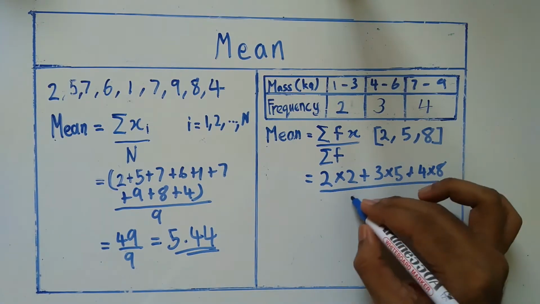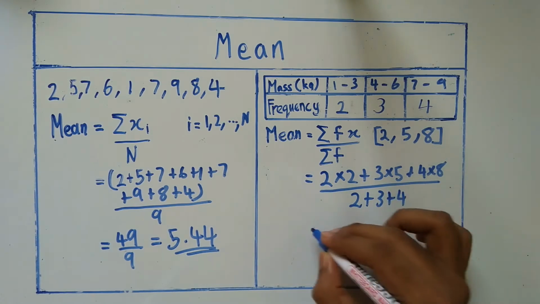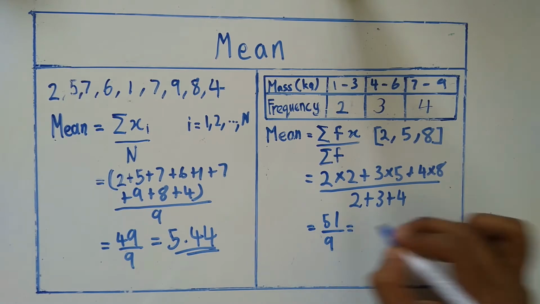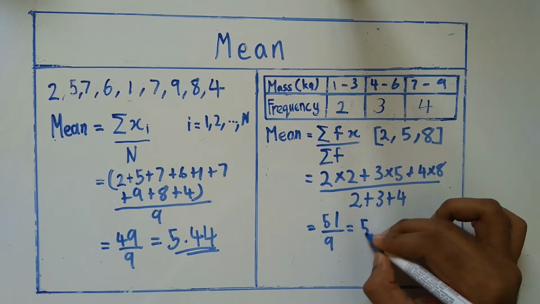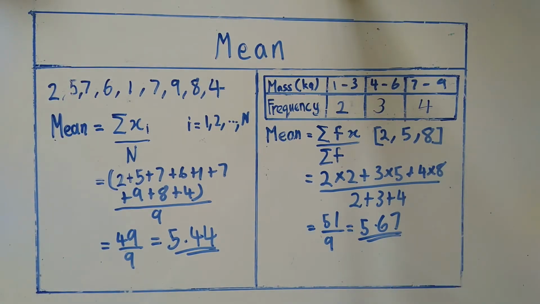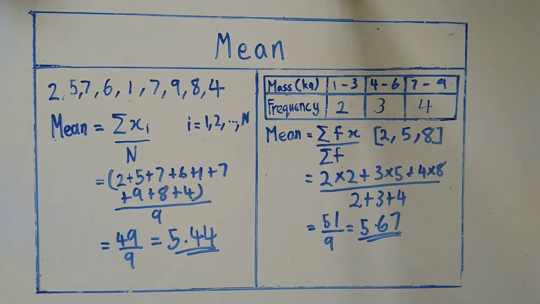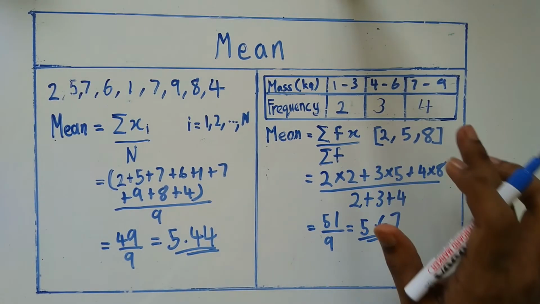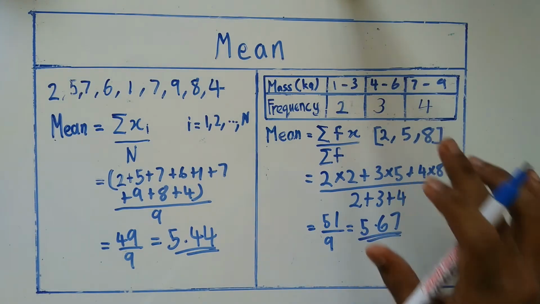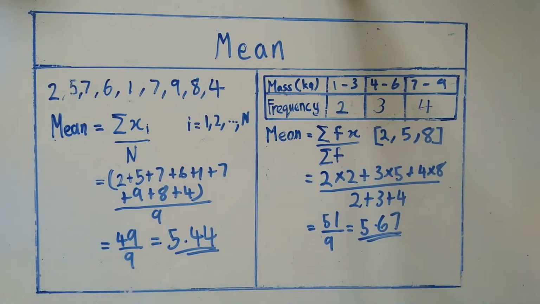We divide it by adding the frequencies. You should get 5.67. The means are different, even though it is the same dataset, because the grouped data does not have the original dataset. It is an estimate of the original dataset.